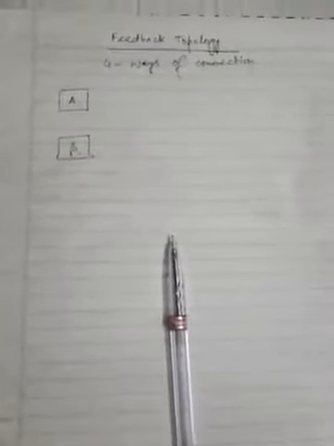Based on these different ways of connection, the feedback amplifiers can be classified, and this will be called the connection topology. Topologies mean the ways of connection used in feedback amplifiers, which can be done in four different ways.